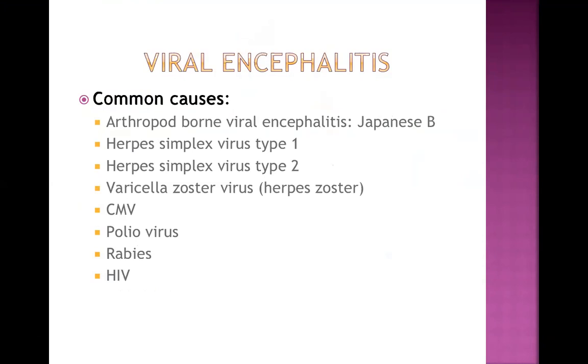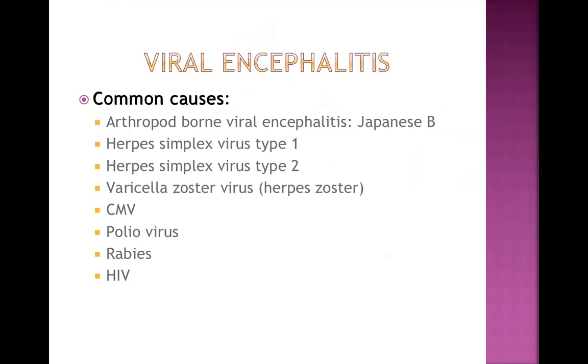Now, what are the common causes of viral encephalitis? Japanese encephalitis is quite common, especially in the tropical countries. In the South Asian countries also, Japanese encephalitis is very common. This is arthropod-borne viral encephalitis. Mainly the Culex mosquito is responsible.